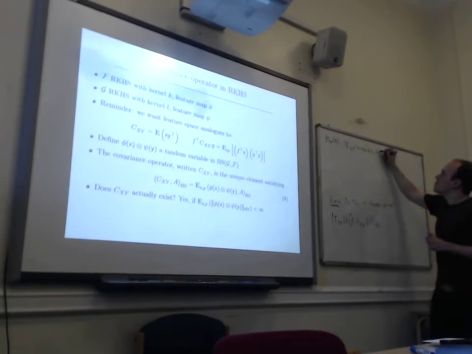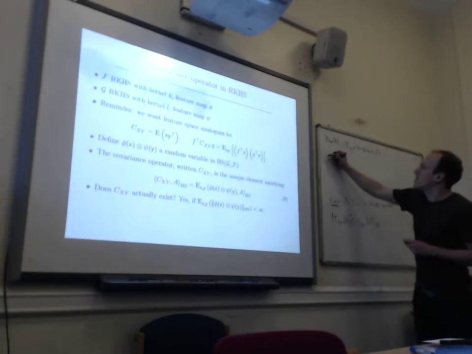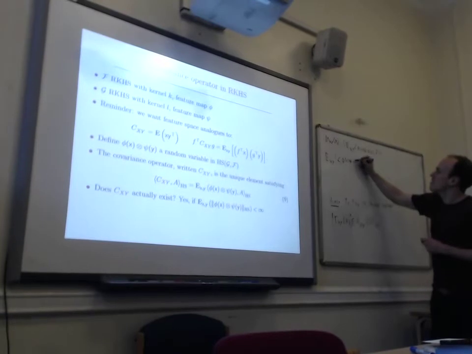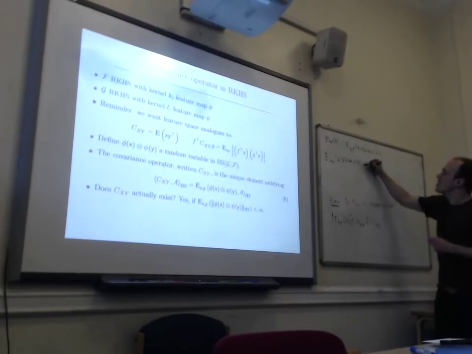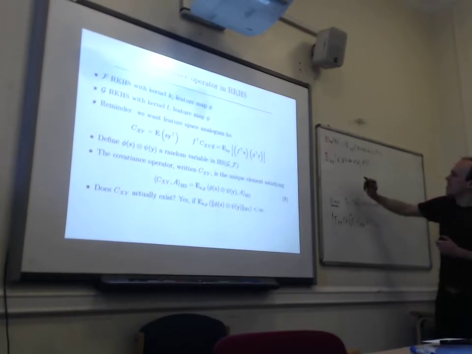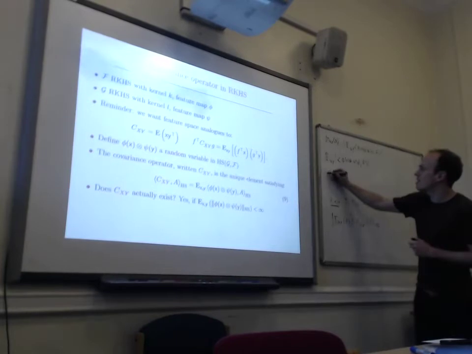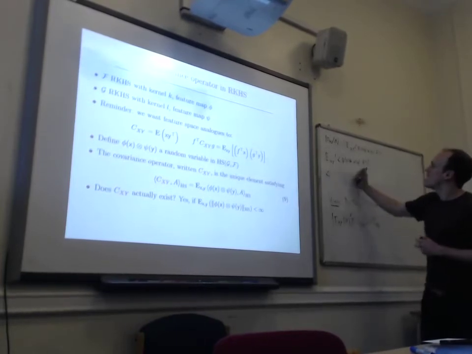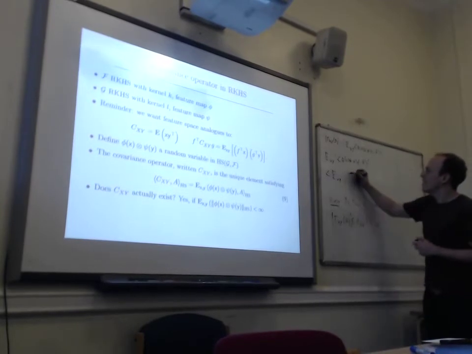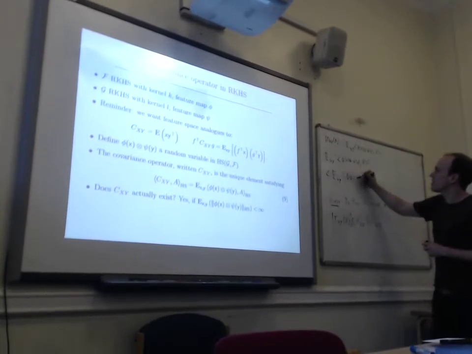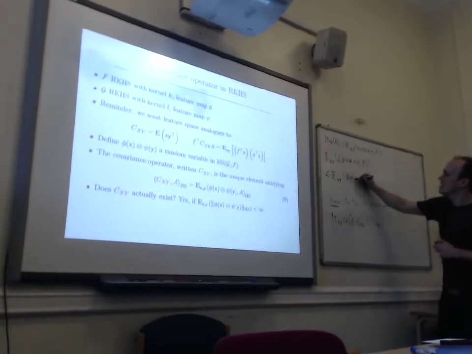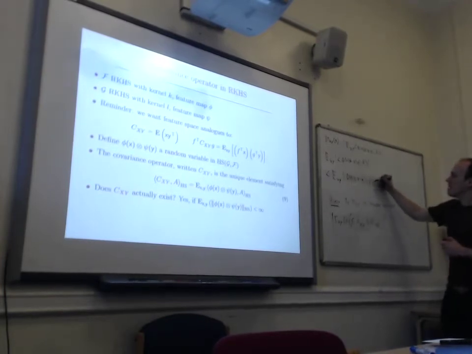Now using Jensen, I can take this expectation outside: the expectation over XY of the absolute value of the inner product of x tensor y with A. Next step, using Cauchy-Schwarz, this is less than or equal to the expectation over XY of the norm of x tensor y times the norm of A. We've got the norm of A already coming out.